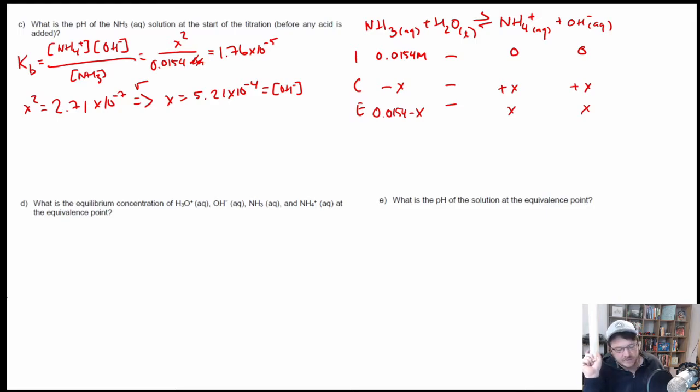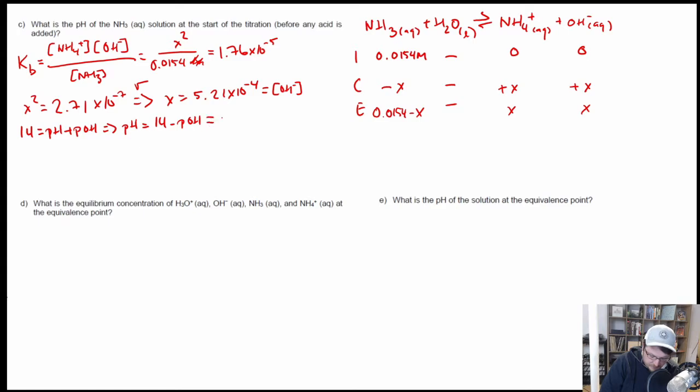So let me write this out instead of talking about it. We know that 14 is equal to pH plus pOH. That means then that pH is going to be equal to 14 minus pOH in this scenario. And pOH is equal to the negative log of the concentration of OH minus.